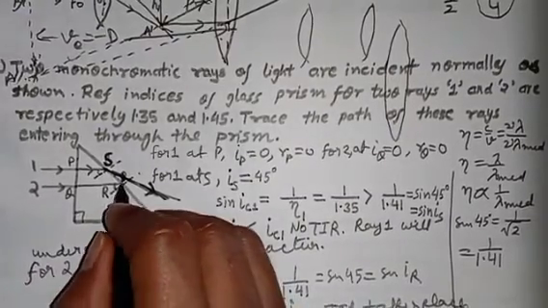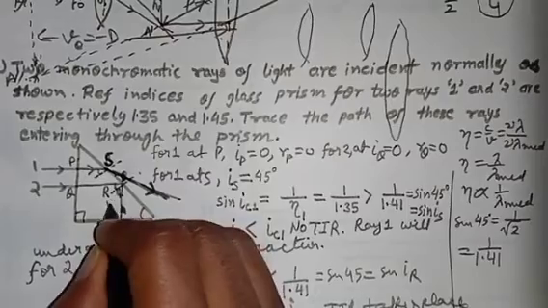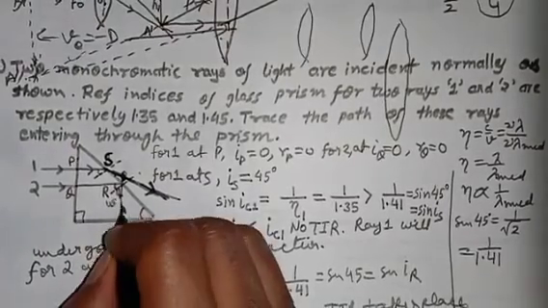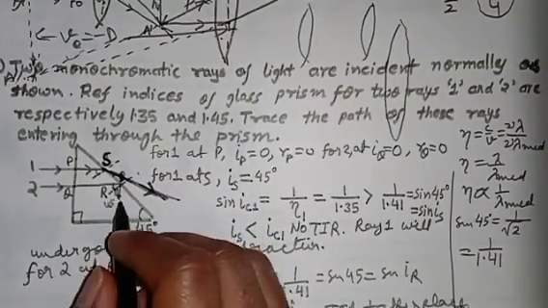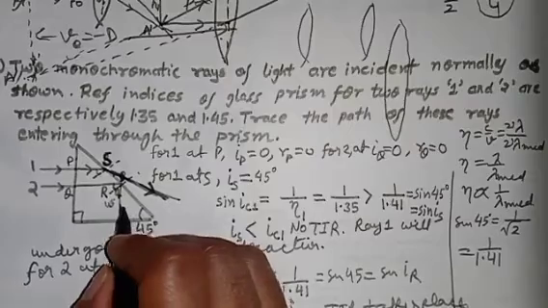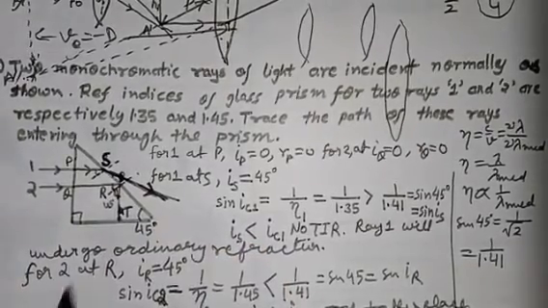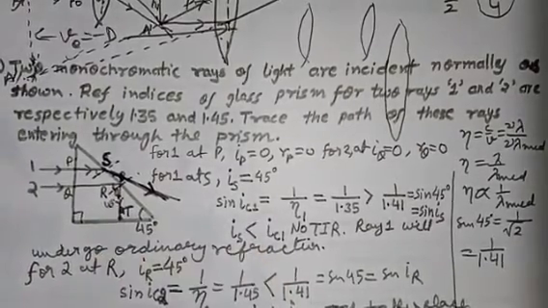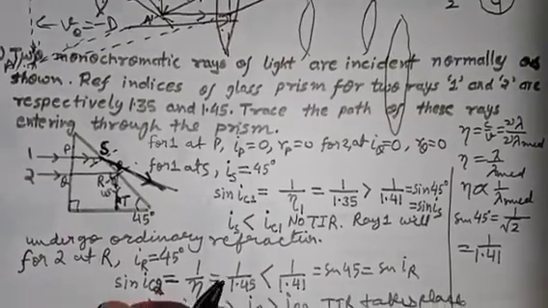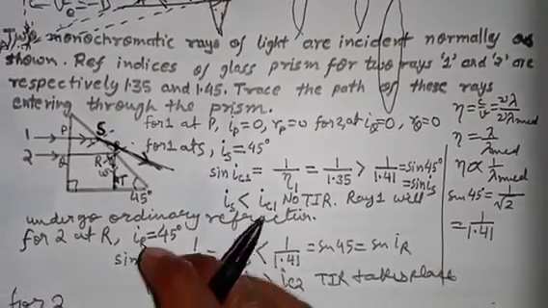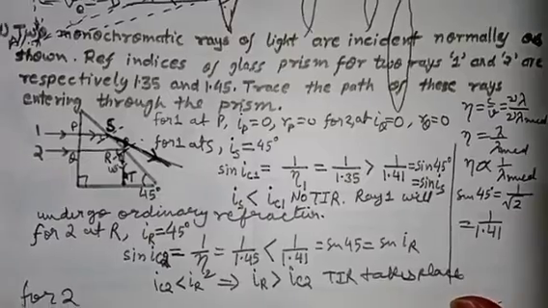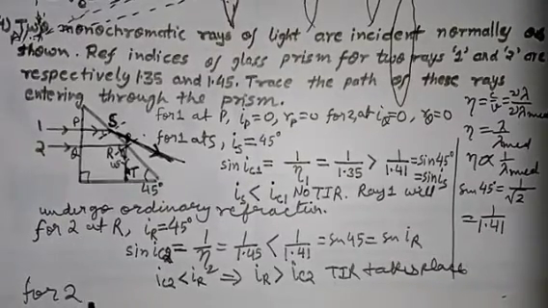And if TIR takes place, it will make 45 degrees here, then it will fall on ST at point T. So it was IC2 less than IR, and IR greater than IC2, so TIR takes place.